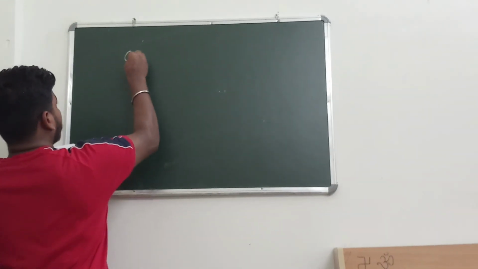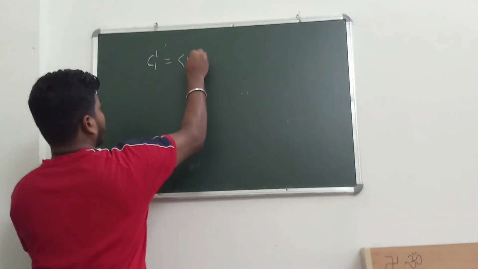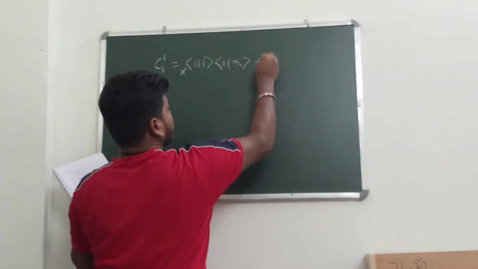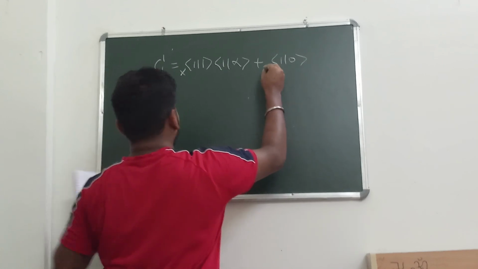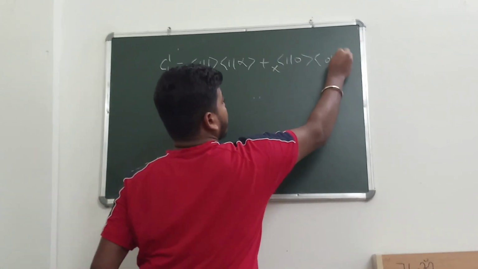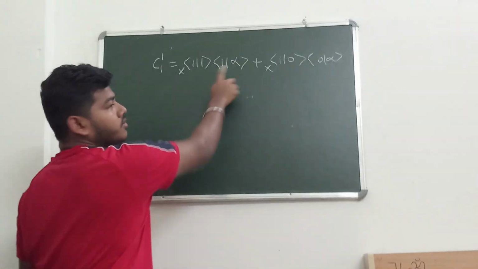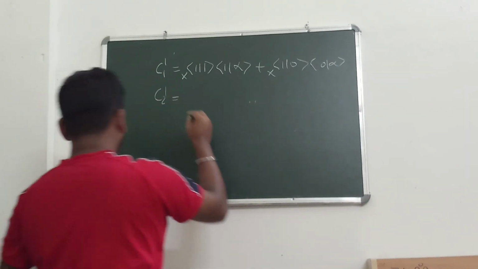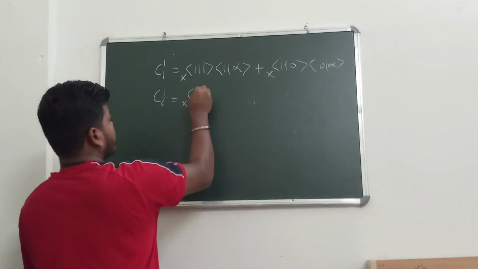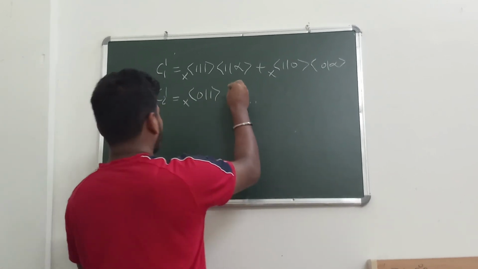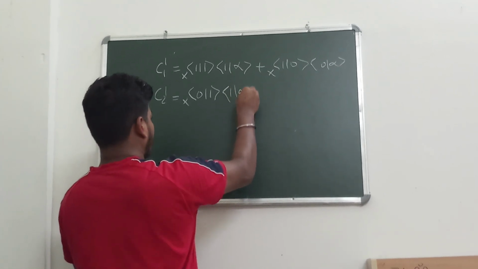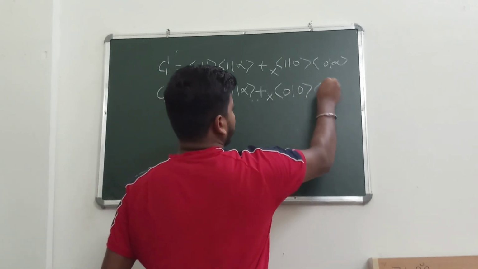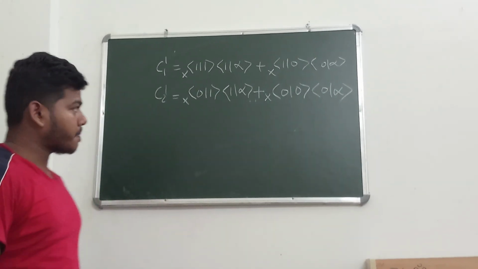So C1 prime I can write as C1 prime is equal to 1 1 x 1 alpha plus 1 0 x 0 alpha. I can write this in terms of ket alpha. Similarly I can write C2 prime: x 0 1 1 alpha plus x 0 0 0 alpha.